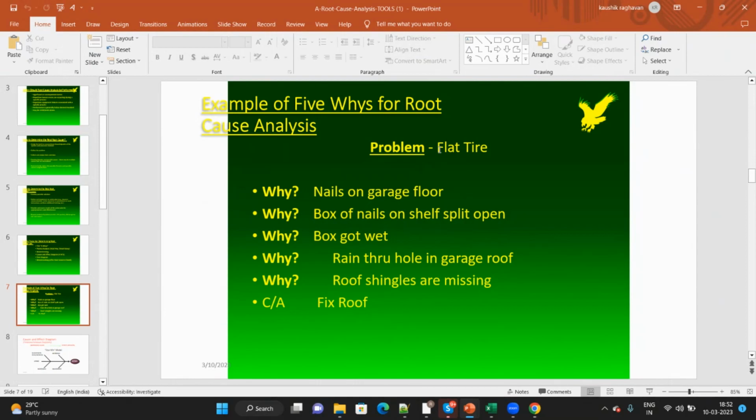Now the first and foremost representation is called the cause and effect diagram or the fishbone diagram. We are going to start off with that. I will make this a very focused 15 to 20-minute session, and I'll stop, right? So please stay with me.